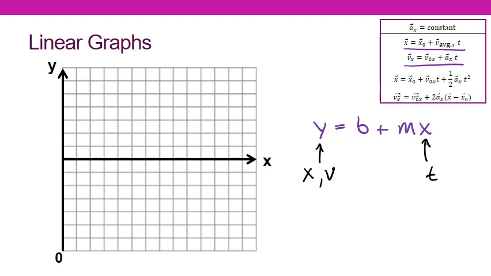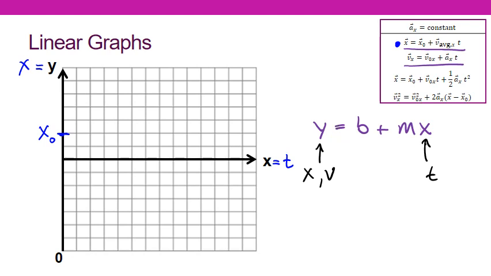So if we take that first equation, our y is our position, our x is our time, and our intercept is our initial x position. This is x naught. And then we have our graph either up or down depending on our average velocity.